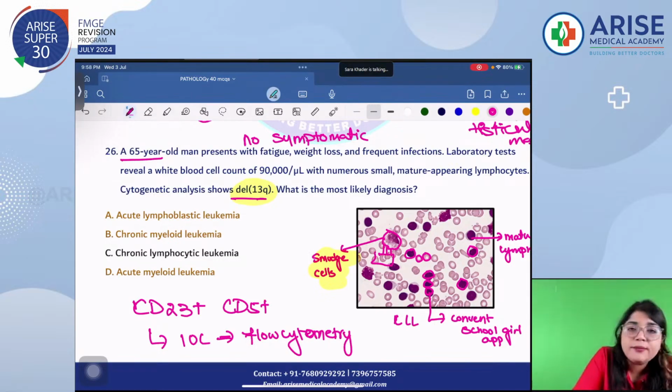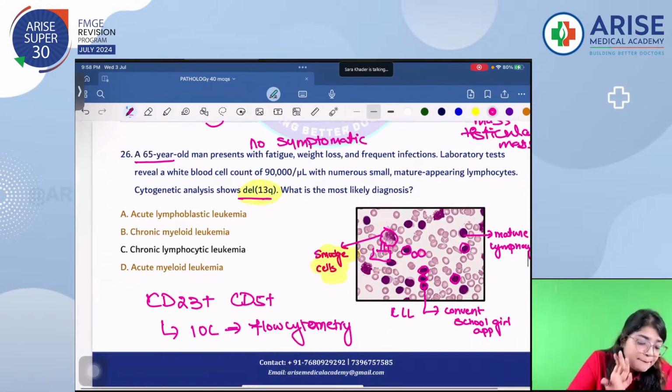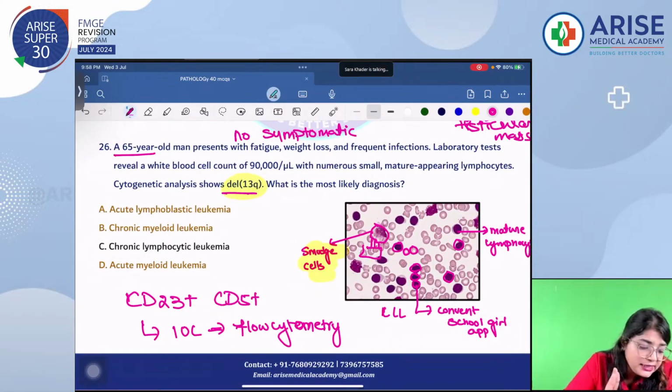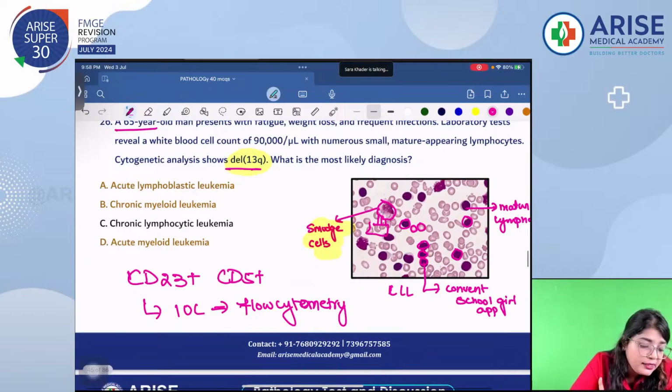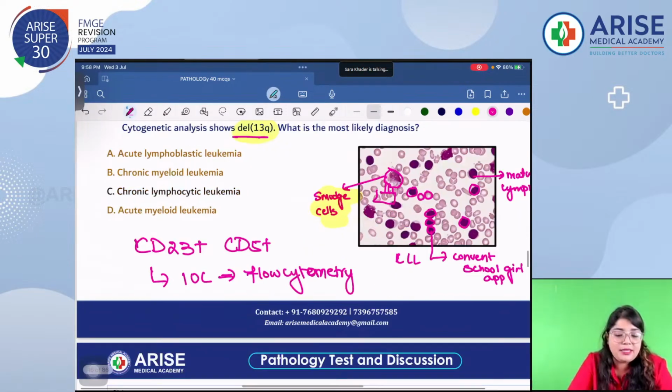So there will be splenomegaly, but when I say massive splenomegaly, which one do you think it is? If in the same question, instead of this image, I show you another image and I ask in the question, massive splenomegaly, which one do you think it is? Massive splenomegaly points towards CML, okay?